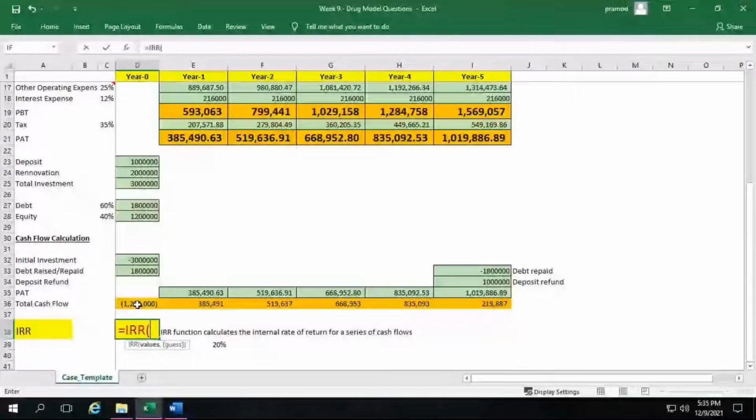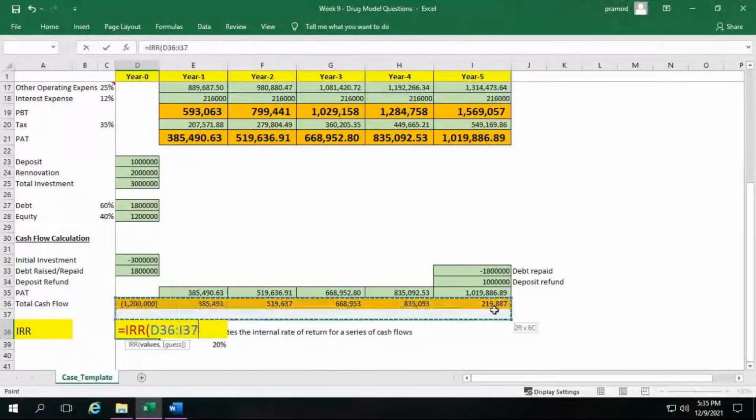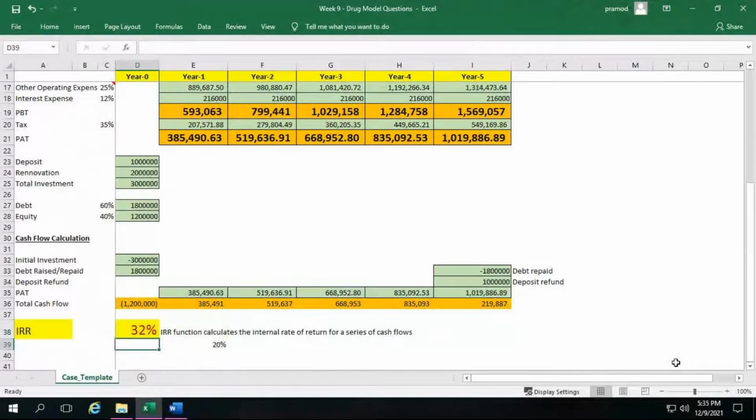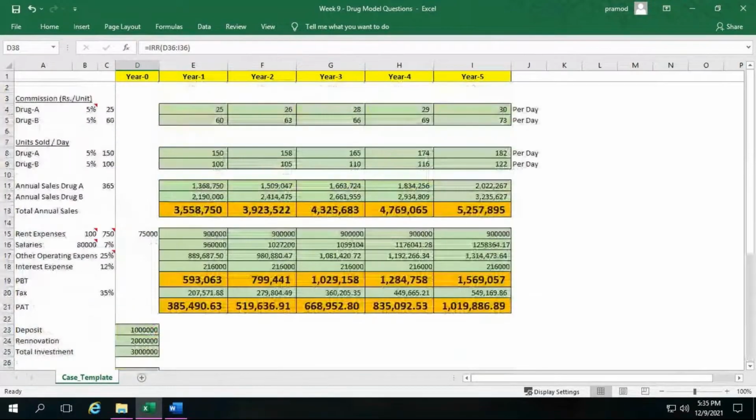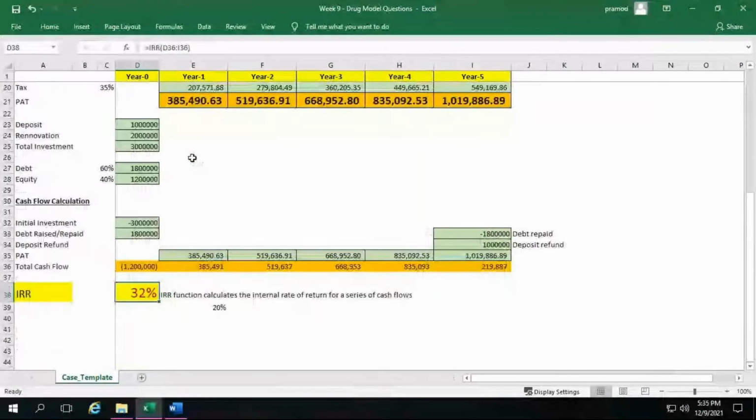Values is nothing but your total cash flow from year 0 to the fifth year. Take that, close the bracket and enter. So it should be 32 or 33 percent. This is where you can analyze your business: whether I can take this Apollo drug model as a franchisee or not, I can analyze by seeing this.